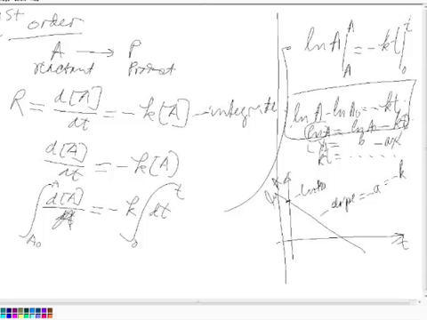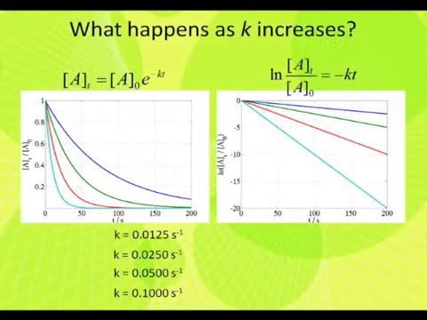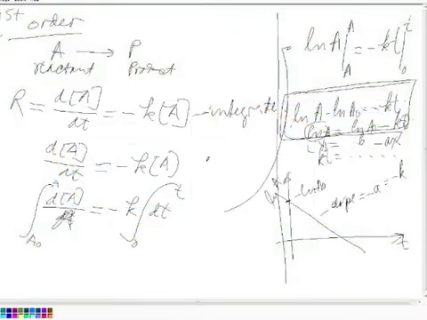What happened from this equation can also be written as A equal to A0, the initial concentration of course, times e to the minus kt.